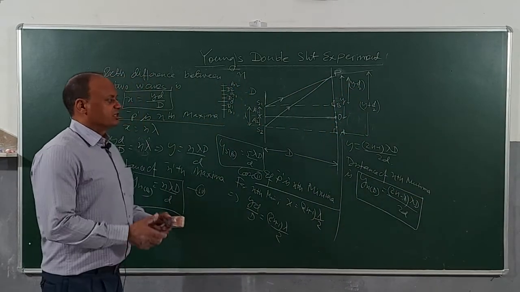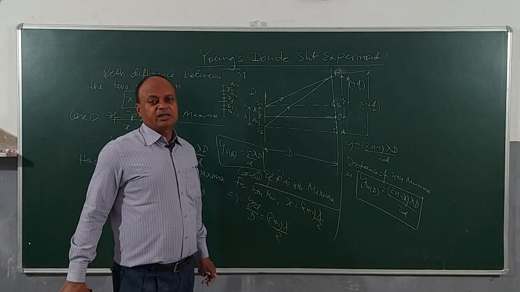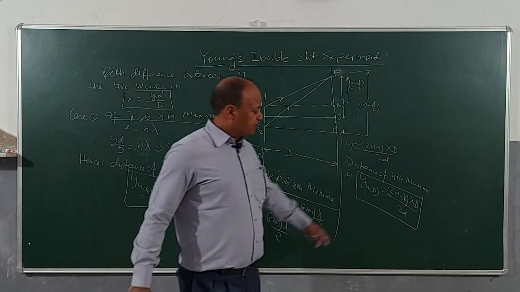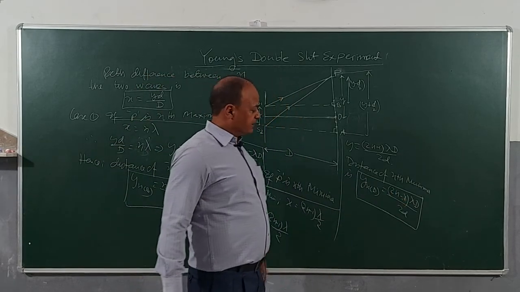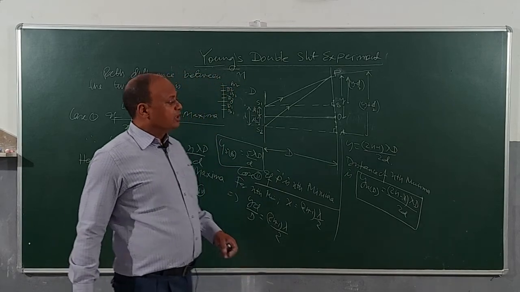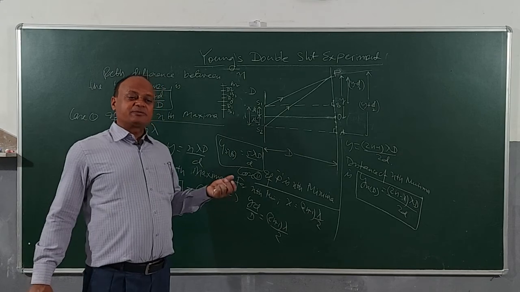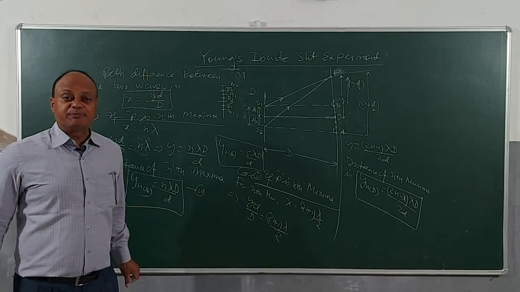Clear? So children, we calculated the distances of nth bright and nth dark minimum from the central maximum. For this, I have to put the value of n and also the values of lambda, capital D and small d. Clear? Once you answer the distances of bright and dark spots from the central maximum, we will proceed to find out the fringe width or fringe spacing. Okay?